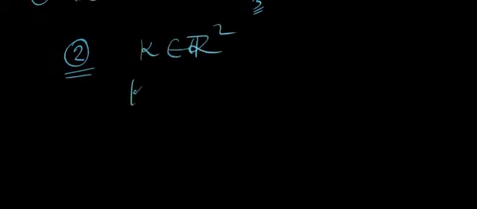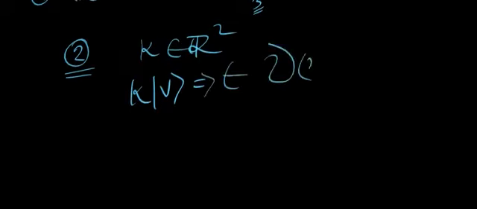What about the second one? The second one is pretty easy. Let's take any k that belongs to the real numbers, and if you multiply k with v, this also belongs to the vector space, our xy plane.